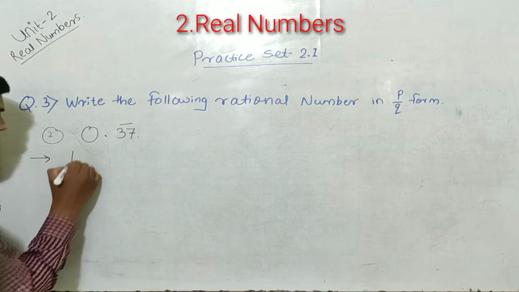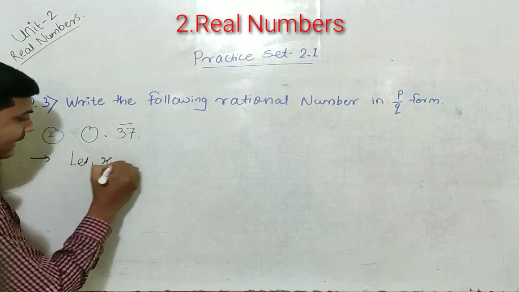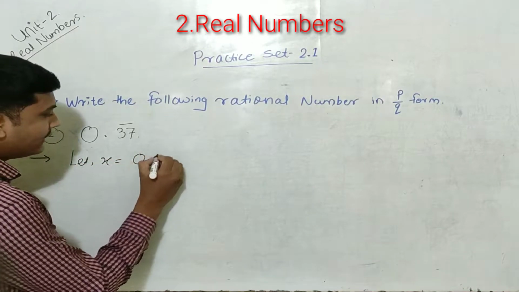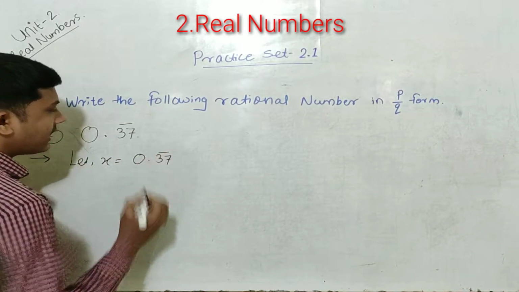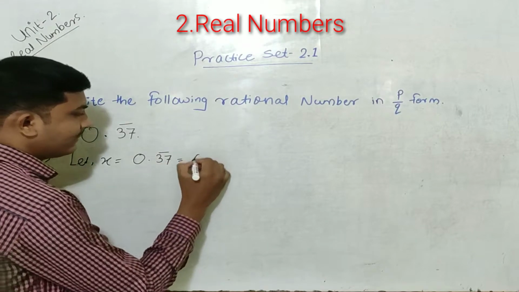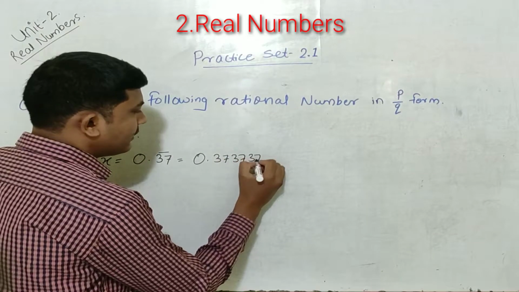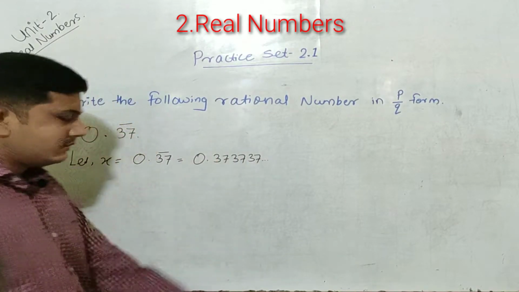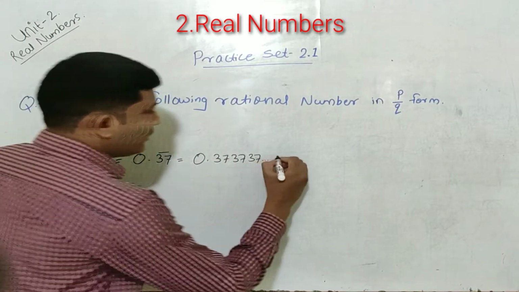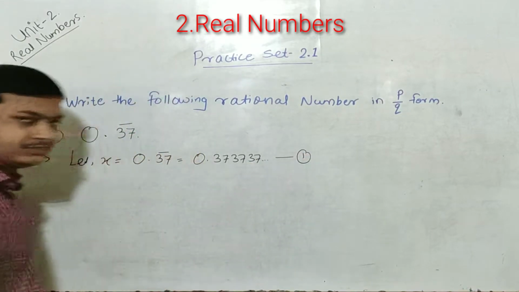First of all, as per the procedure, let x equal to 0.37 bar, which is the same as 0.373737 dot dot dot. Say it as equation 1.